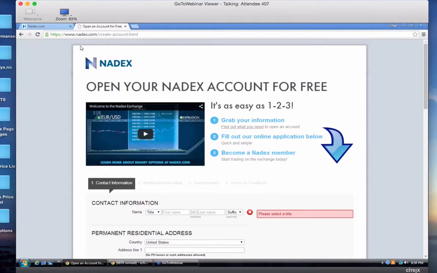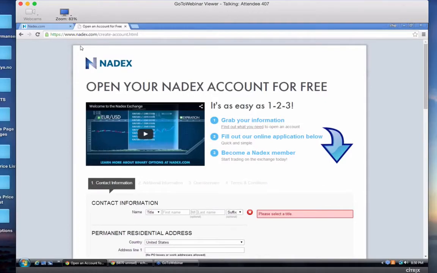After that, if you deposit wires, then the money's there. After the 14 days, boom, take it in, take it out. If it's a check or an ACH, then after the first 14 days as a member, as long as the funds have cleared, you can take them out as often as you want.